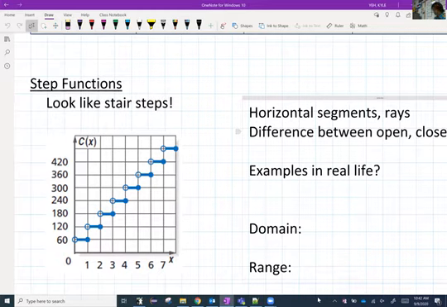I want to buy 1 box of crackers, and so it's $3, and 2 boxes would be $6. I can't really ask for anything in between. I can't say, well, I only want to buy 1.5 boxes of crackers, and I only want to pay the 1.5 box price. No, it's either buy 1, or if you want more than 1, you're going to have to buy 2 boxes. If you want more than 2, you're going to have to buy 3.